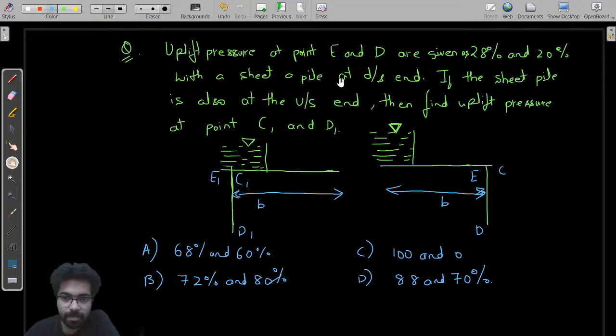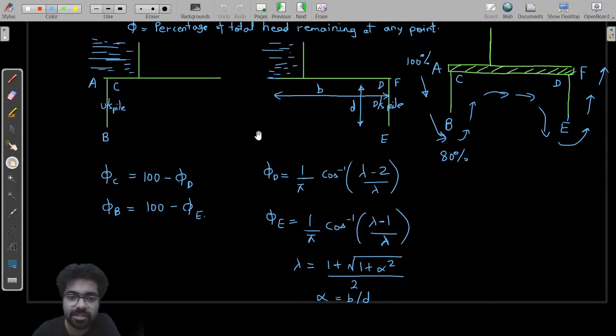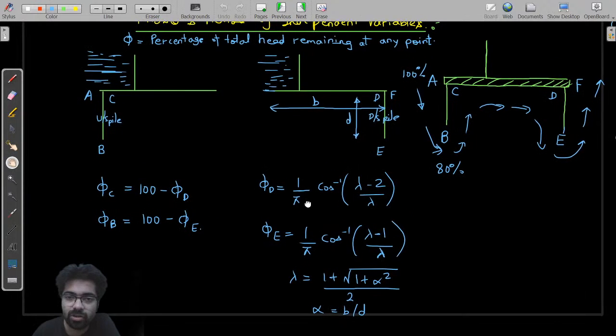So let me explain once. You all know the sum of E and C1 is equal to 100, and the sum of D and D1 is equal to 100, as I have already told you here. You all can see this.